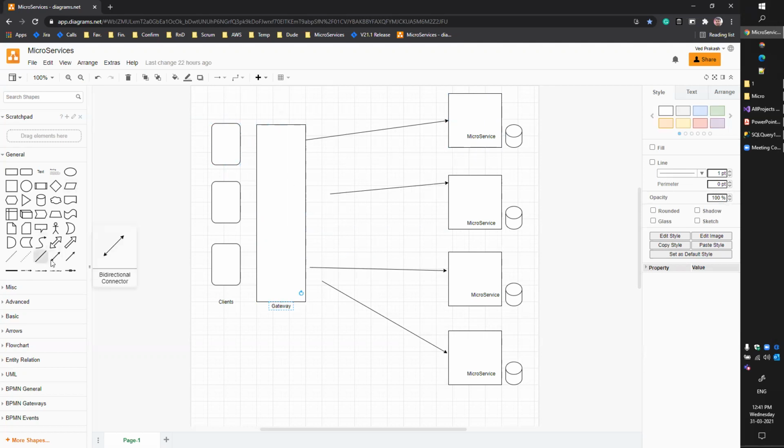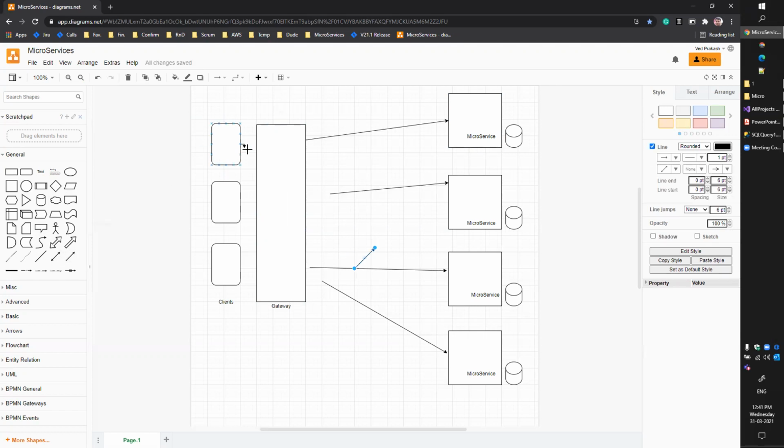It will directly talk to this, this will also talk to this, and this will also talk to the API gateway only. And now the API gateway will talk to the microservices and bring the results back to the client, right?